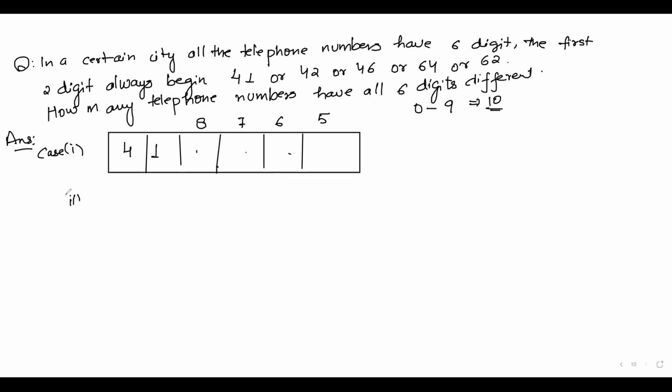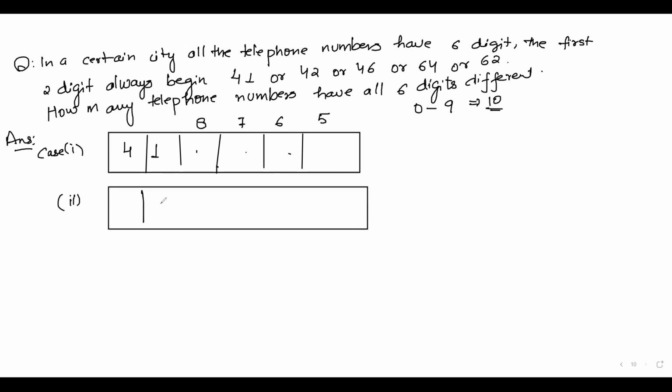Then make another case, second, where they are saying that it starts with 4, 2. So we again have 1, 2, 3, 4, 5. Here we have 4, 2. So these 2 are fixed. This has only one option. The remaining places again have 8, 7, 6, 5. Similarly, we will do for this, and for this.